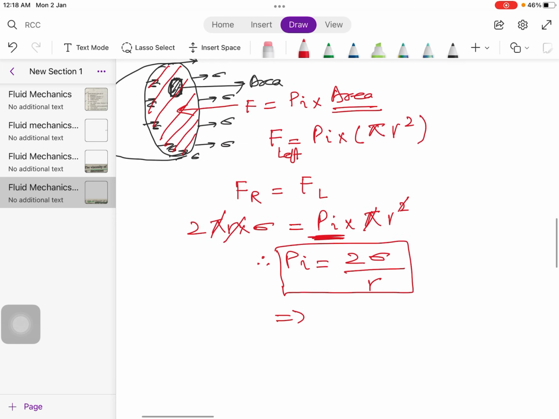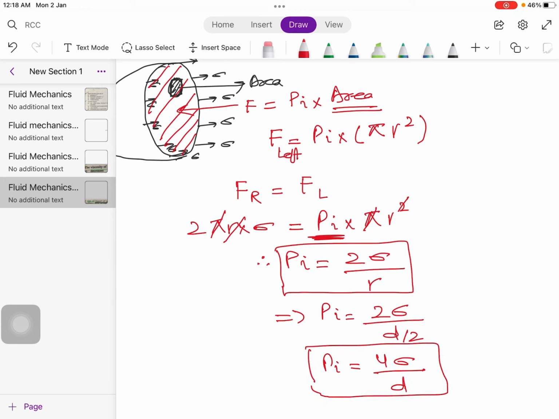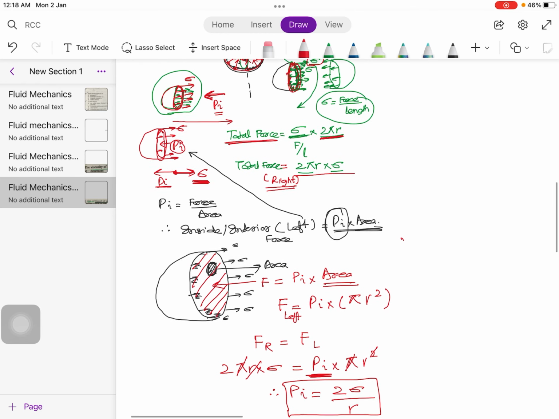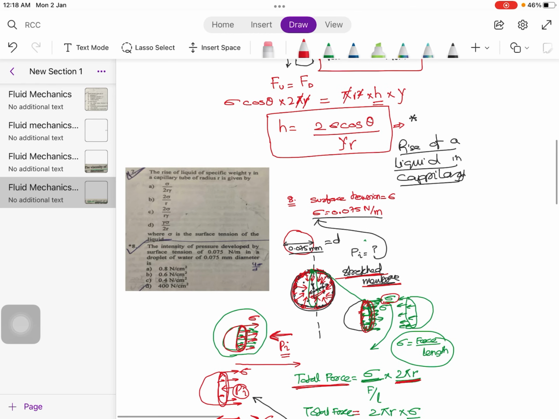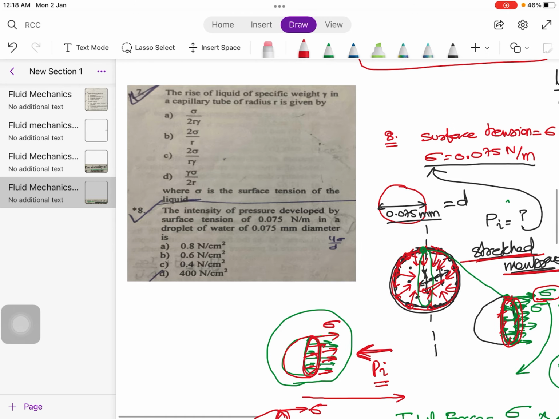This formula can be further modified as 2 sigma upon half of the diameter, which is 4 times the surface tension upon the diameter. Now let us plug in the values which have been given in question number 8.